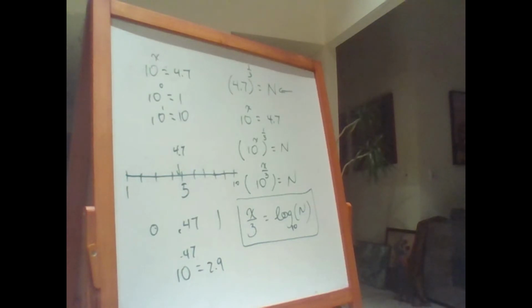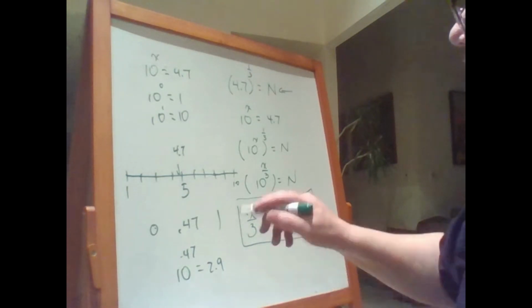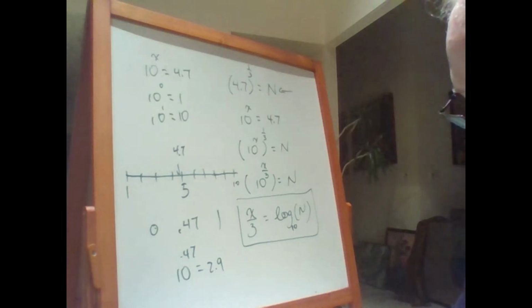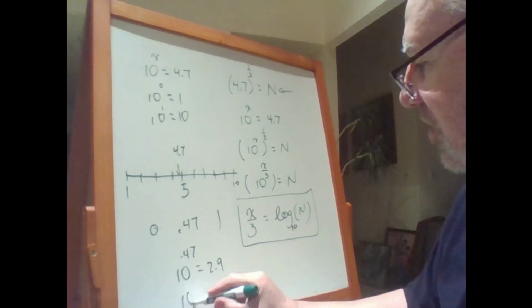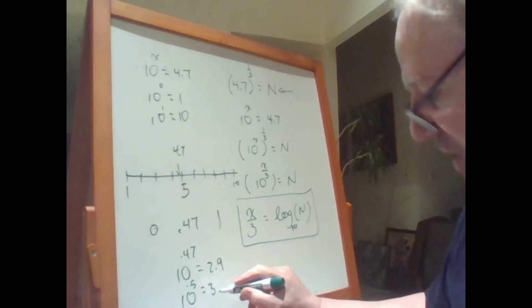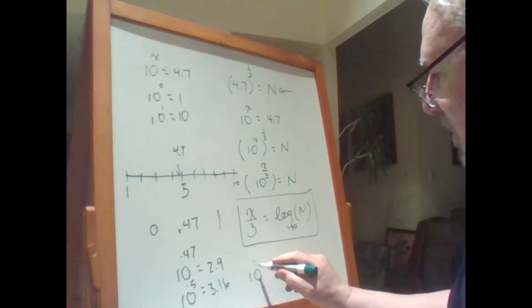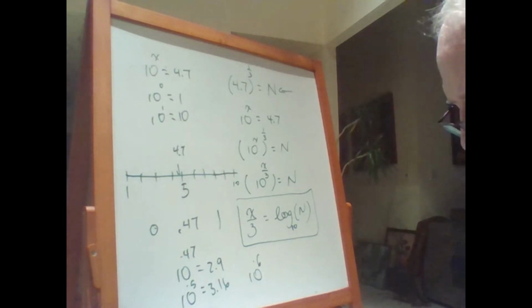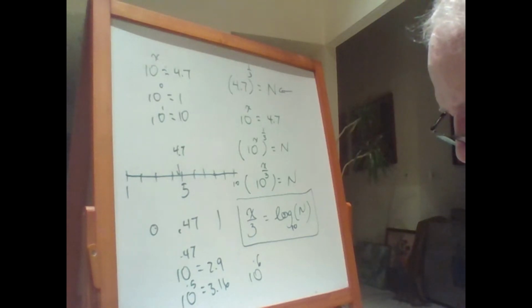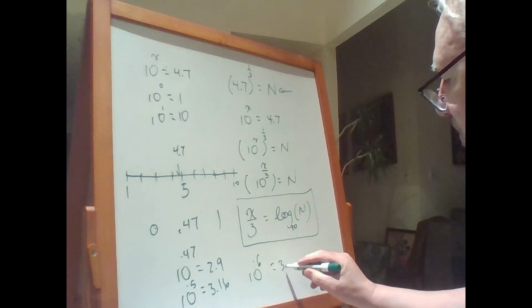If we have 10 raised to the 0.5, we have 3.16. 10 to the 0.6, let's give that a shot. 10 raised to the 0.6 equals 3.98.